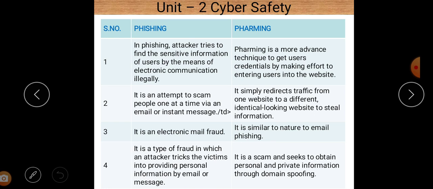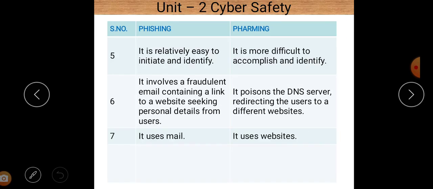And the fourth point regarding phishing is, it is a type of fraud in which an attacker tricks the victims into providing personal information via email or a message. And pharming is a scam that seeks to obtain personal and private information through domain spoofing. So domain spoofing is used in pharming.